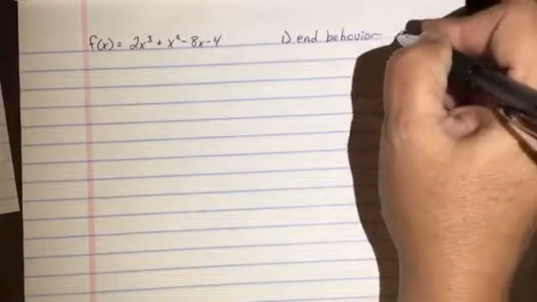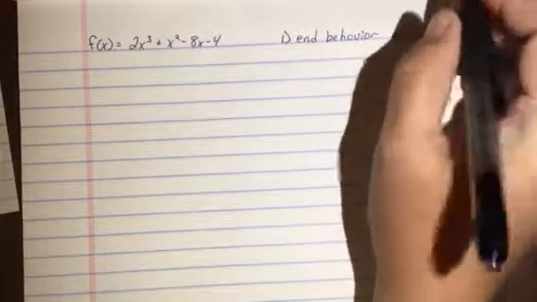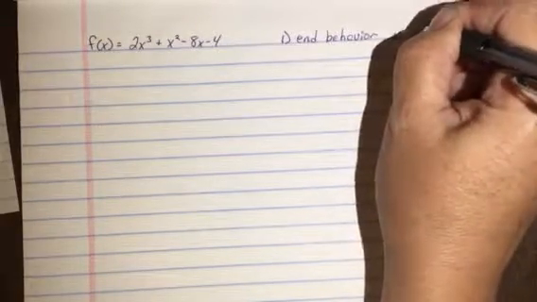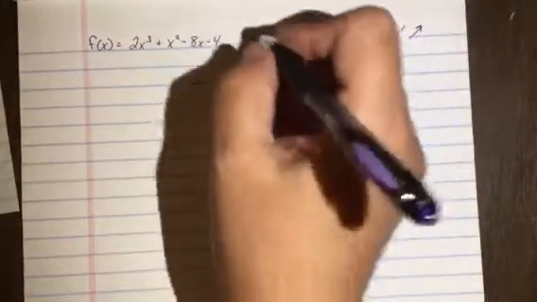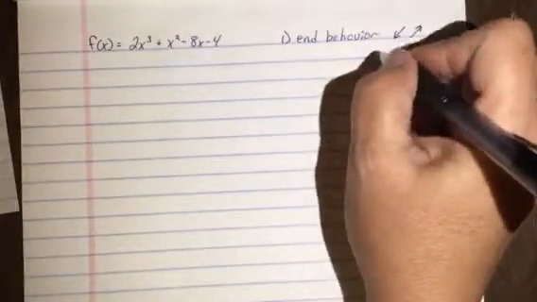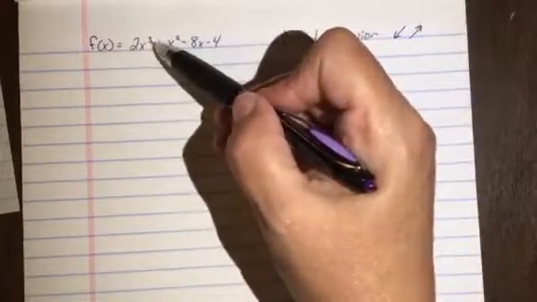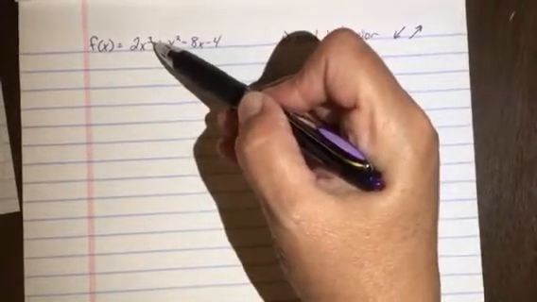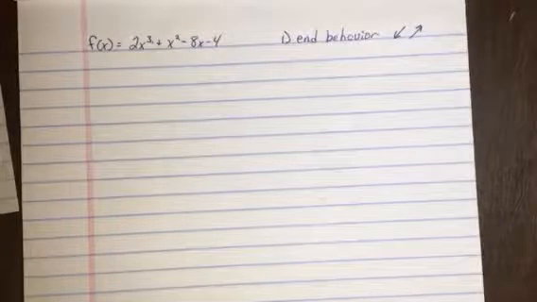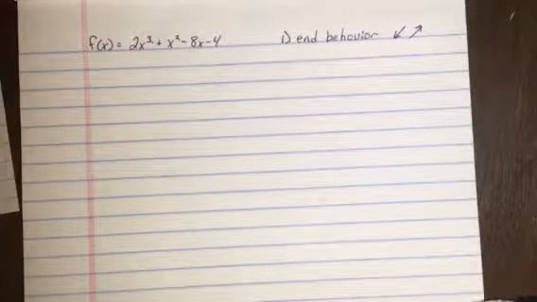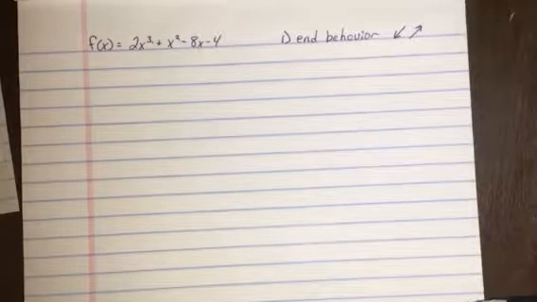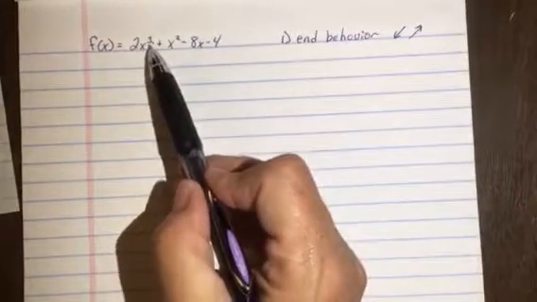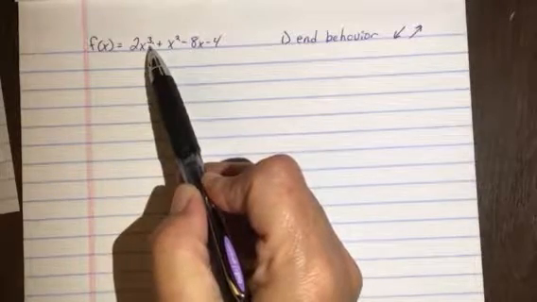Odd degree positive means I have left down, right up. It also tells me I have 3 zeros because it's a third degree, so I'm looking for 3. It also tells me I should have 2 turns, because again, 3 minus 1.